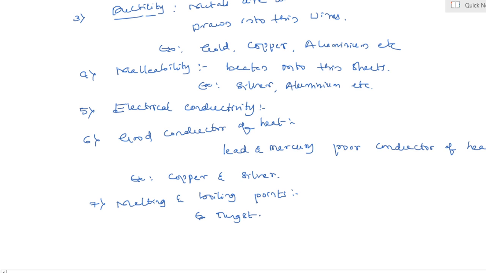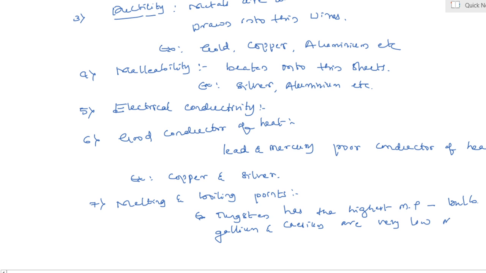Tungsten has the highest melting point, that is why it is used to make the wire in a bulb. And gallium and caesium have very low melting points.